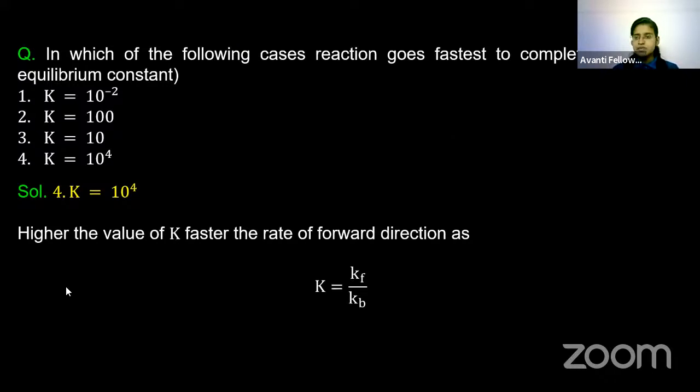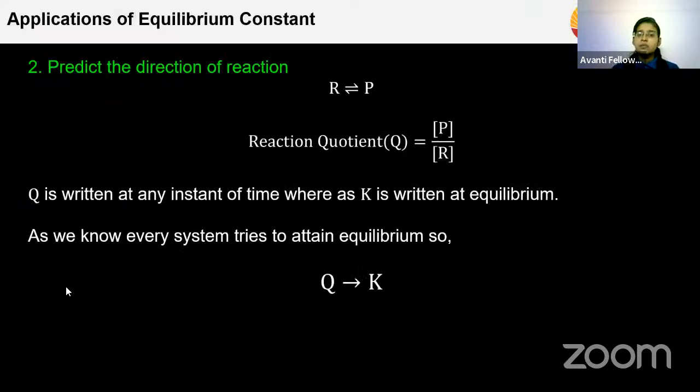Okay. So now the second application is we can predict the direction of reaction from equilibrium constant. So you see here, R is giving P and we are writing the reaction quotient Q, which is equal to the concentration of P by R. Actually we write P by R and put it equal to KEQ, but here instead of K, Q is written.